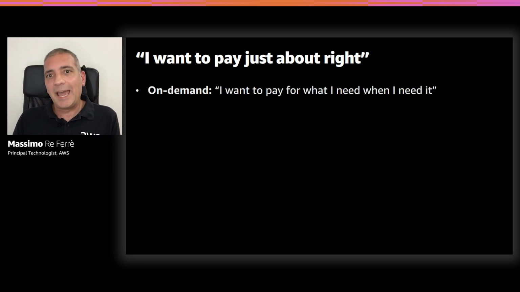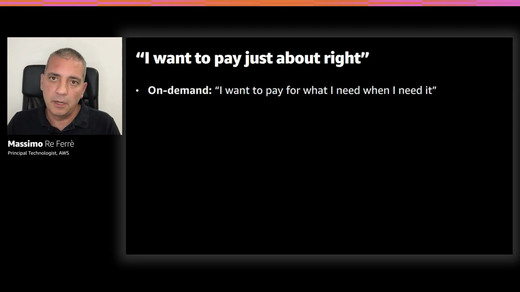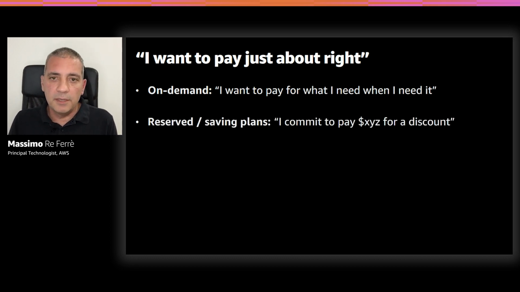The first one is the classic cloud option, on demand. I want to pay for what I need when I need it. That's kind of the core of how purchasing resources on the cloud works. However, there may be some workloads that are more steady state, if you will. In that case, we do have purchase options for both Fargate and EC2 that speak to being able to reserve capacity, or we are also calling these savings plans.